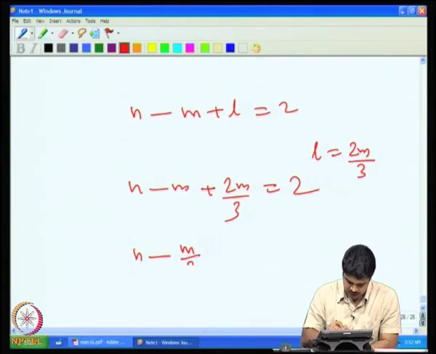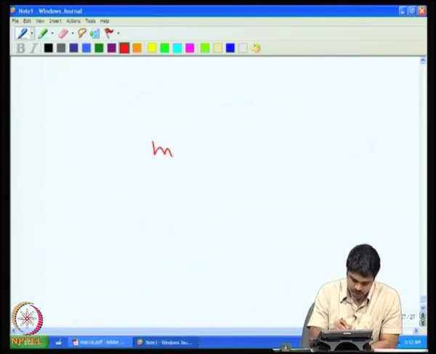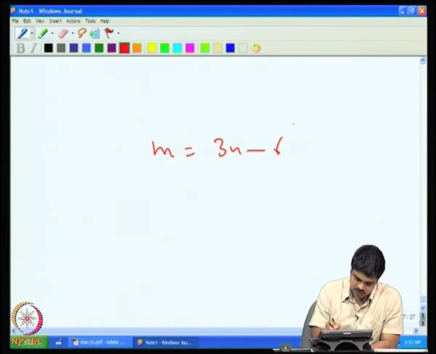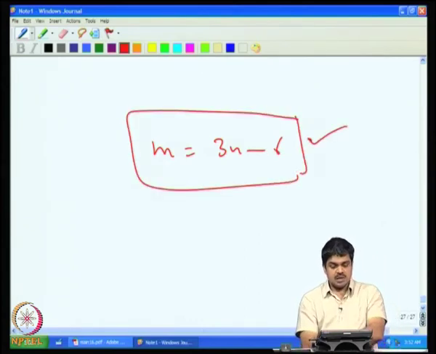Multiplying by 3, we get 3n minus m equal to 6. So, we get m equal to 3n minus 6, and this is the case of the maximal planar graphs.